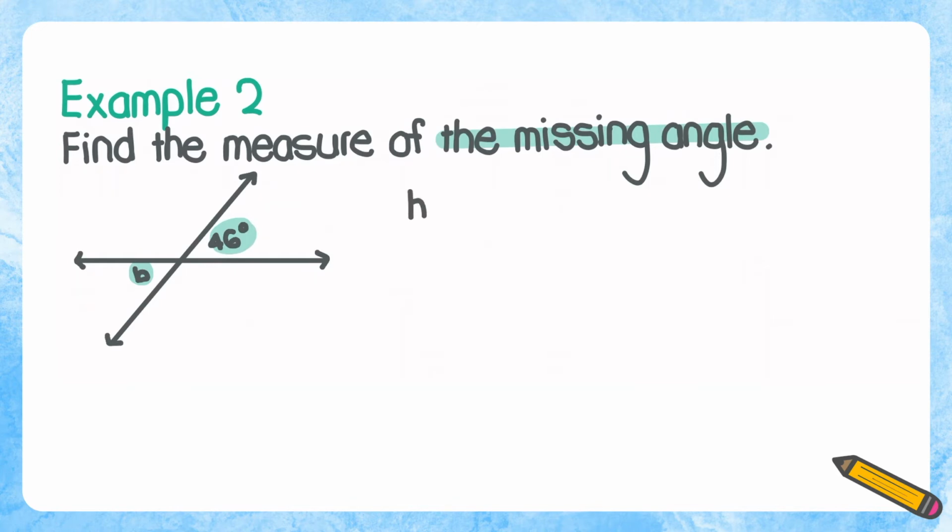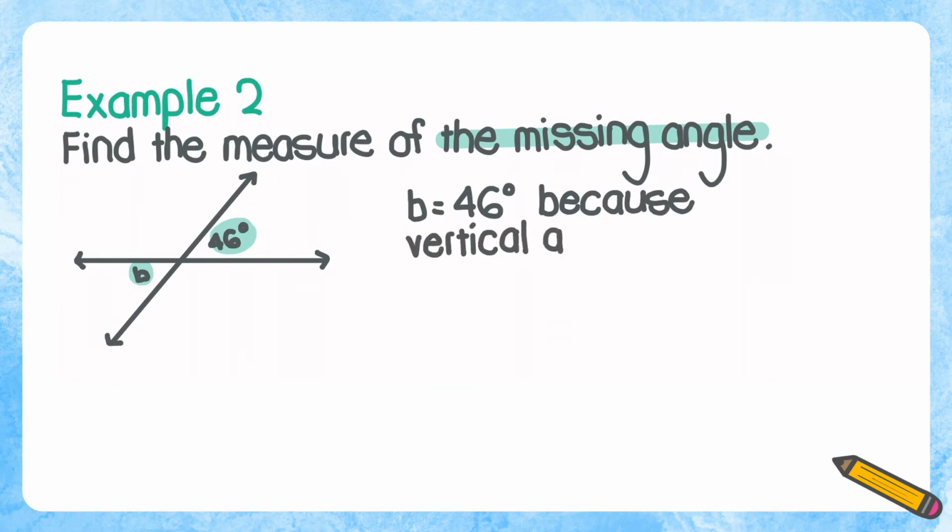These are vertical angles, so I know B equals 46 degrees because I know that vertical angles are congruent to each other. They have the same angle measure. So for this example, B equals 46 degrees.